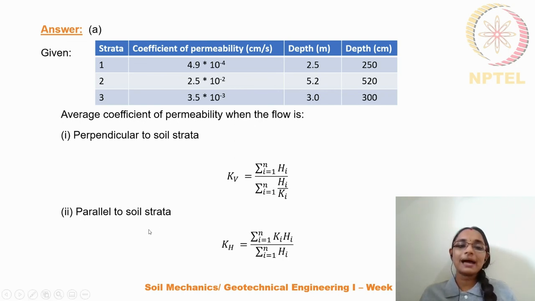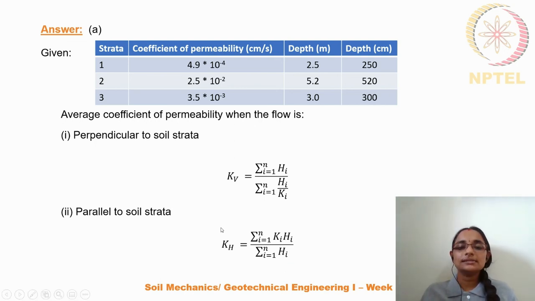Now when the flow is parallel to the soil strata, or horizontal, the average coefficient of permeability Kh is equal to sigma i equal to 1 to n Ki Hi by sigma i equal to 1 to n Hi. Here in this question, we are asked to determine the average coefficient of permeability when the flow is horizontal, that is, parallel to the soil strata.